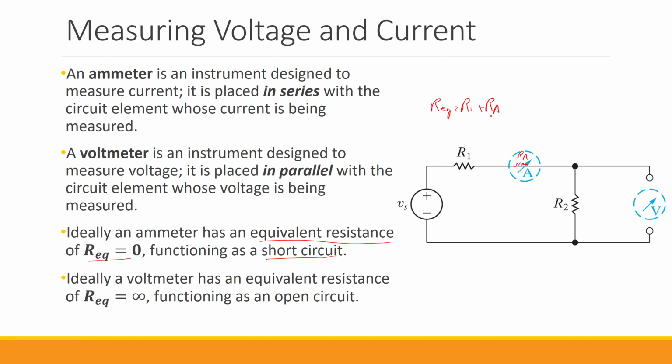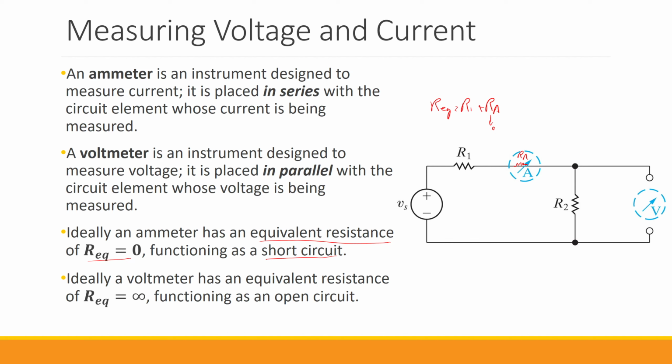So the closer Ra is to 0, the closer Req will be to R1. The less resistance the ampermeter has, the less effect it has on the circuit itself. So practically, we consider the ampermeter to be equivalent to a short circuit or a simple wire.